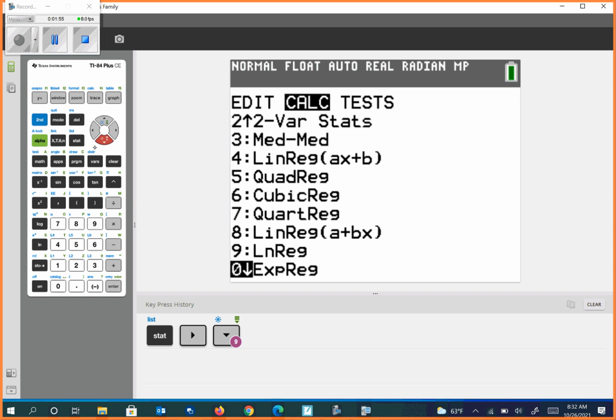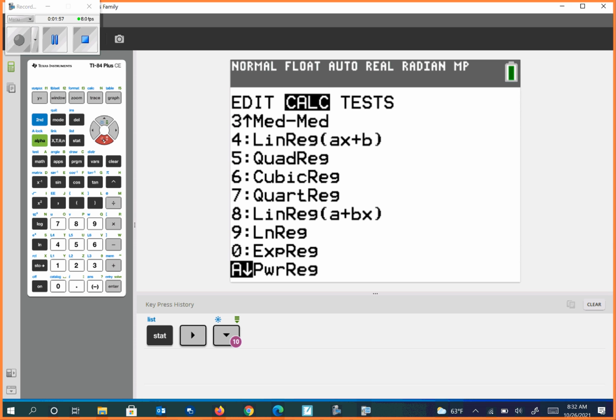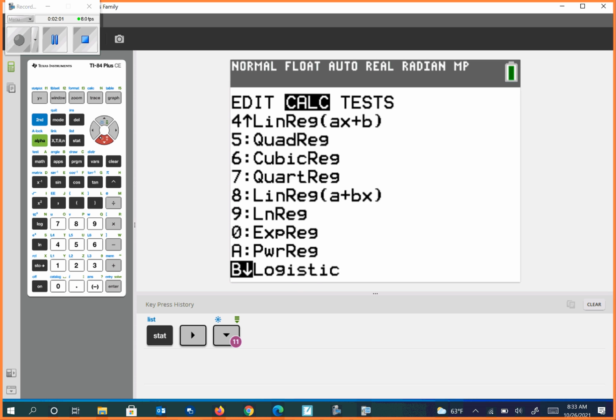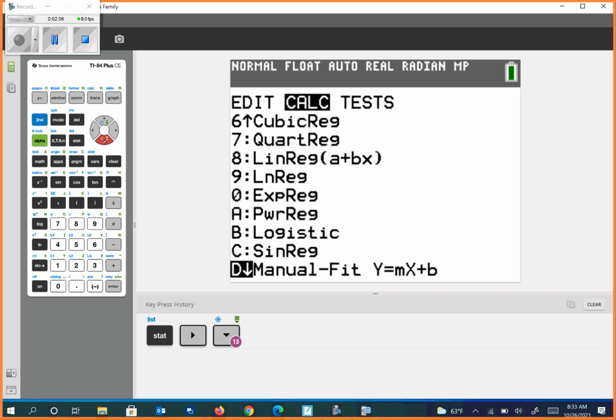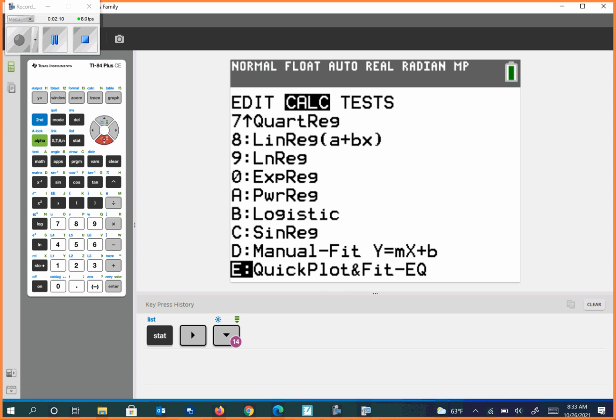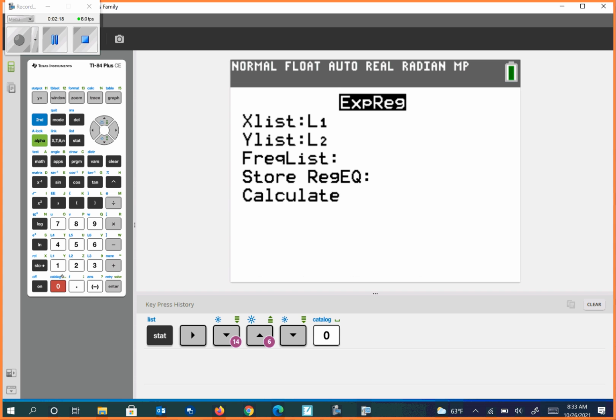Oh, nope, there's an exponential regression. And then power regression. And then it talks about logistic, sine regression. And then they have lots and lots of different ones. So I think that the one that's up there could be a natural log.